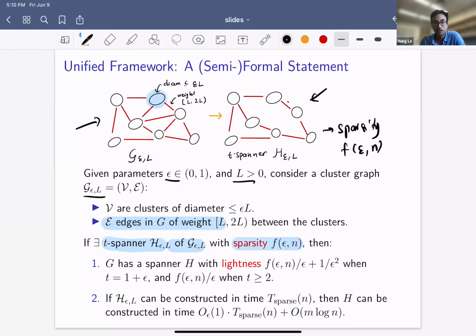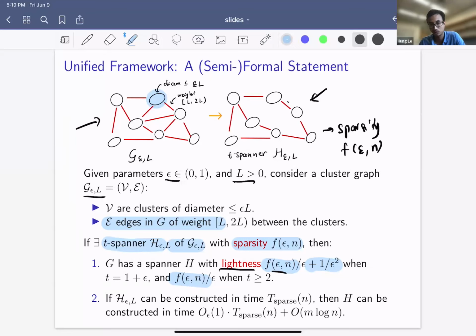So if we can construct a sparse spanner for the cluster graph, then we can obtain a light spanner for the input graph with lightness f(epsilon, n) over epsilon plus 1 over epsilon squared when the stretch is 1 plus epsilon, or its lightness is going to be roughly f(epsilon, n) over epsilon when the stretch is at least 2.